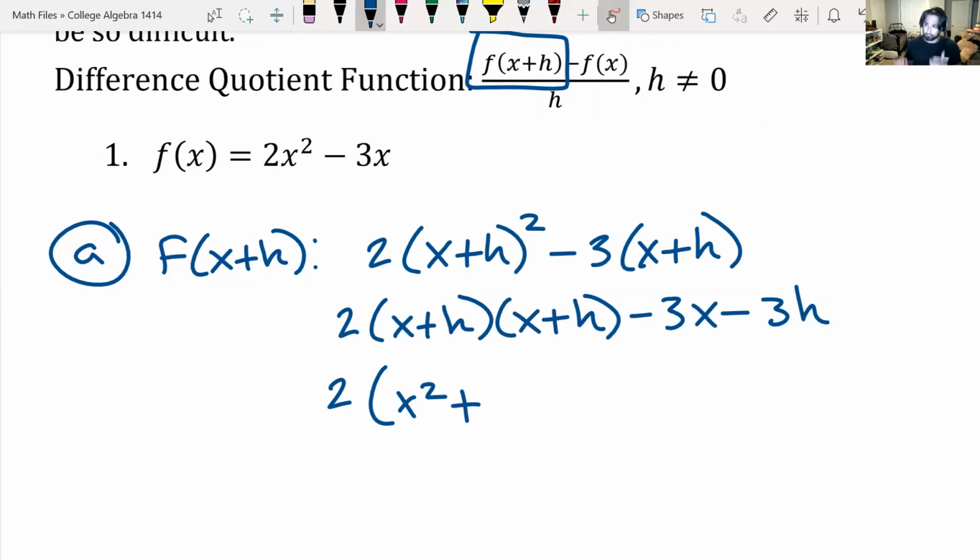Which means if we combine them, we're going to get 2hx or 2xh. It doesn't matter. You can interchange them if you want. I was just being in alphabetical order. Okay, and then h times h, h squared.